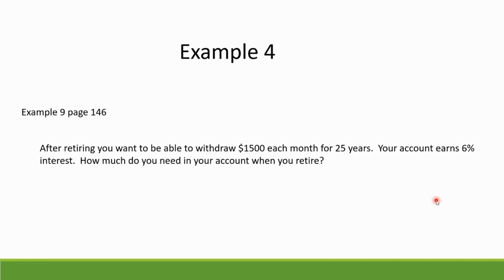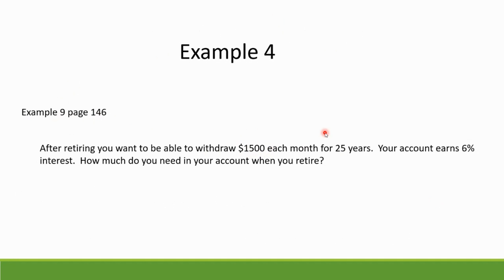Okay, so this next example is a little bit different, and again, these come from the textbook. Here we're considering withdrawing $1,500 per month for 25 years.